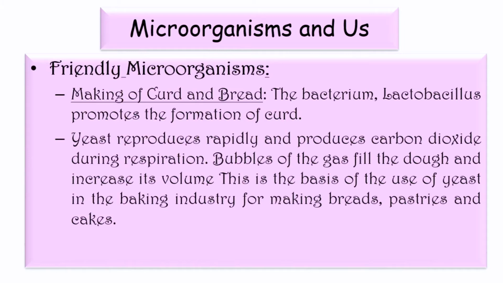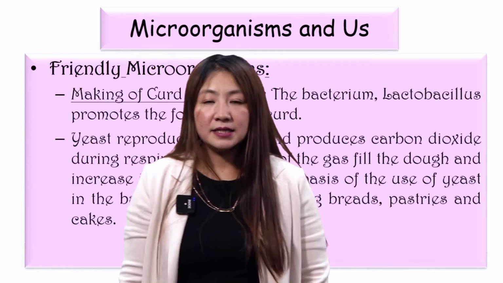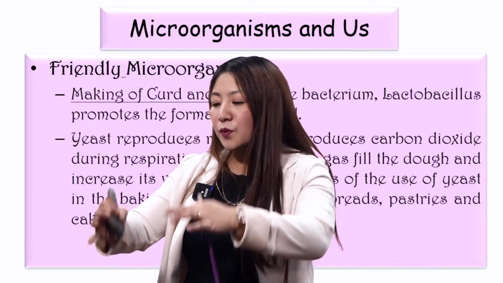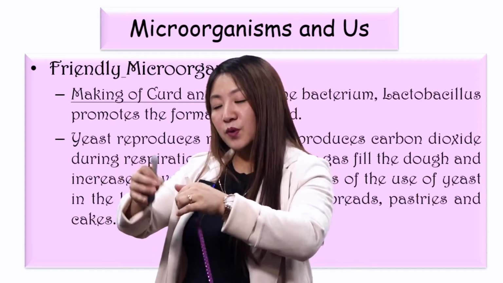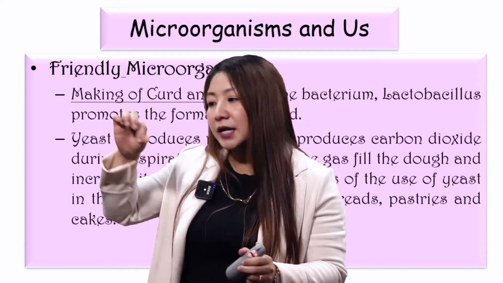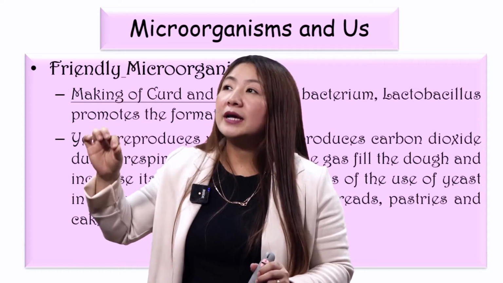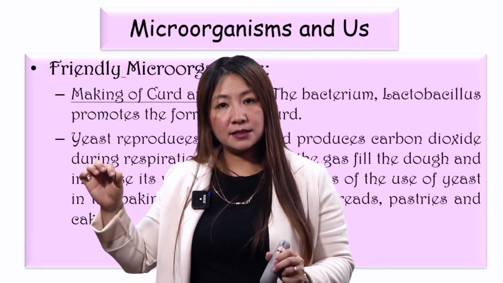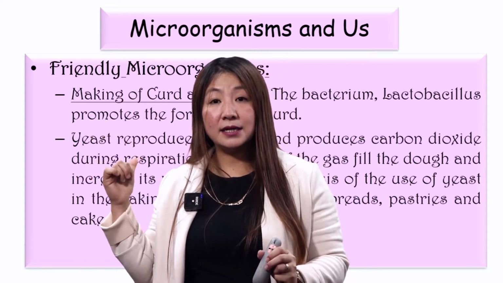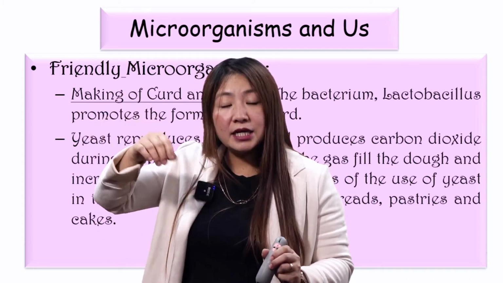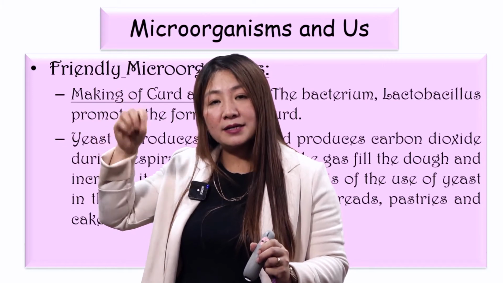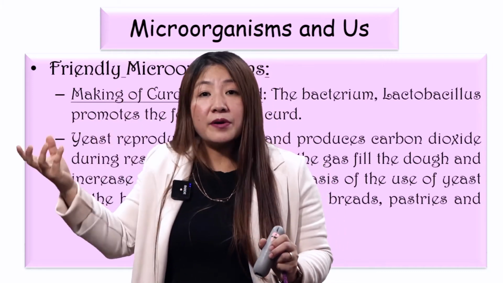What about bread? Like I said, yes. How is bread made? When you're kneading the dough, okay, atta, maida, you mix it with water, and then for making bread, you add an organism called yeast. Y-E-A-S-T, yeast. Okay, this yeast is a microorganism.